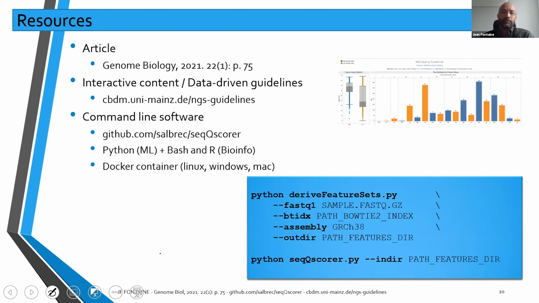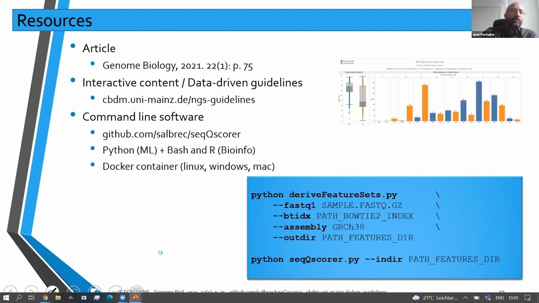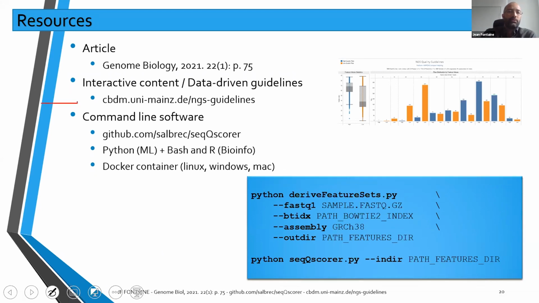As output of this work, you will find more details in the article. You will find interactive content on this URL. We also have a GitHub repository where you can install it, it's Python code.